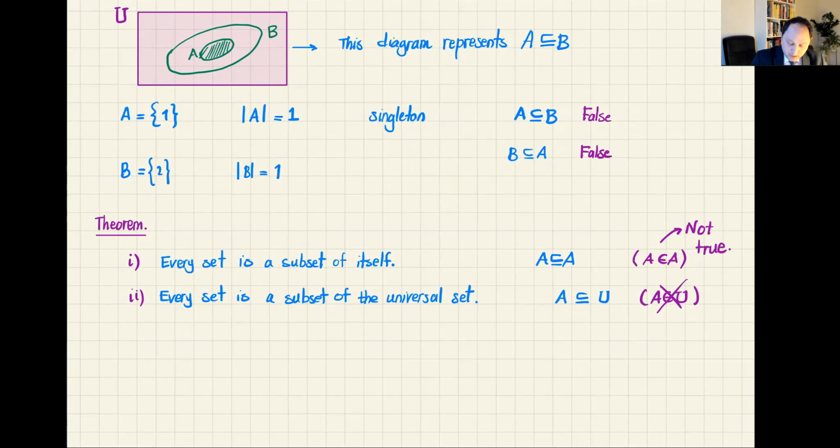The universal set is one extreme case. Another extreme case is, can you guess what? If I want to write another statement for number 3, that no set is a subset of nil or the empty set. No, unfortunately, there is a set which is a subset, except itself.